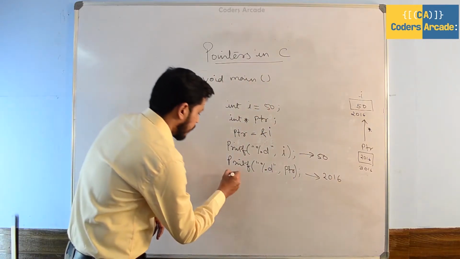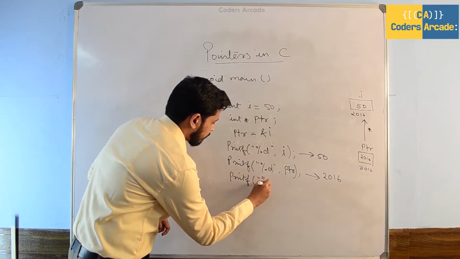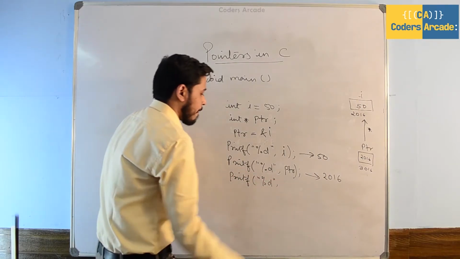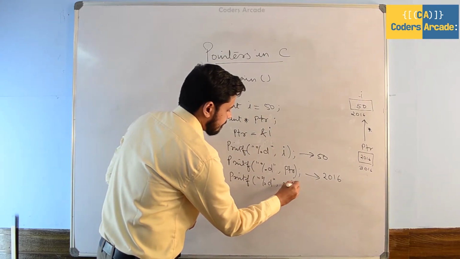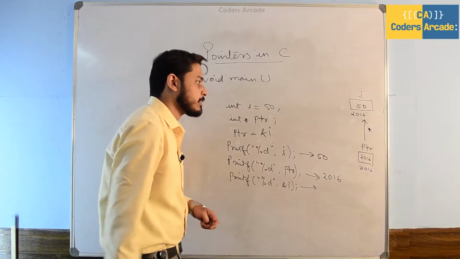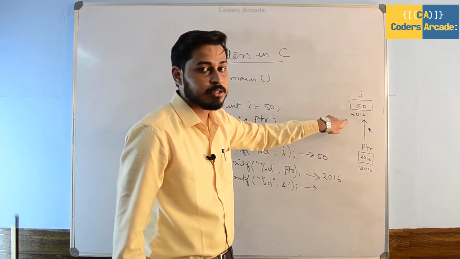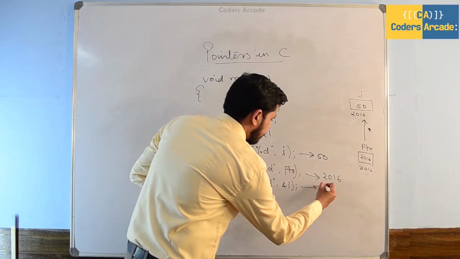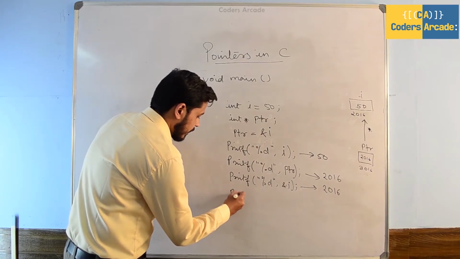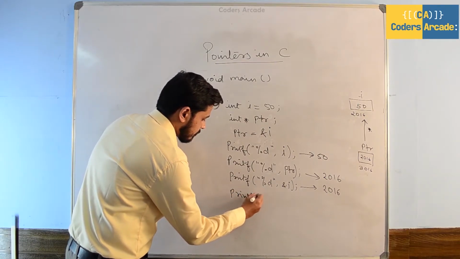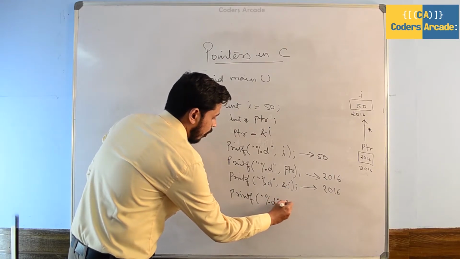Again, after this, I'm going to print some things. printf %d. Now I'm going to print the address of this I. So what is the address of I here? Again 2016, the address of this particular memory location. 2016 again. Now again I'm going to print the address of ptr.